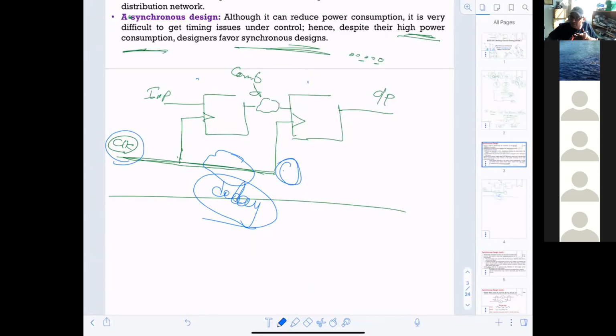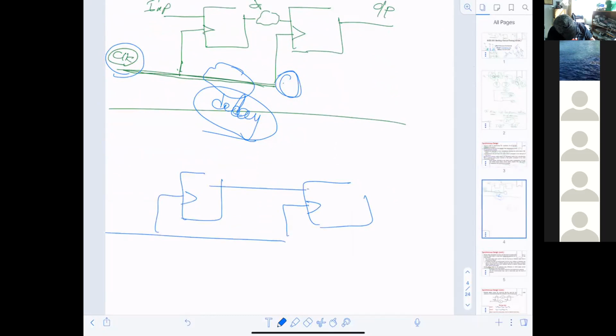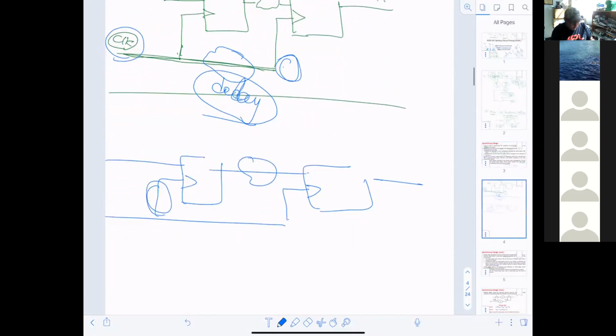Okay, that's called positive skew. While if the same circuit got the delay here, this configuration is called what? Negative skew. And this is called what? Positive skew.